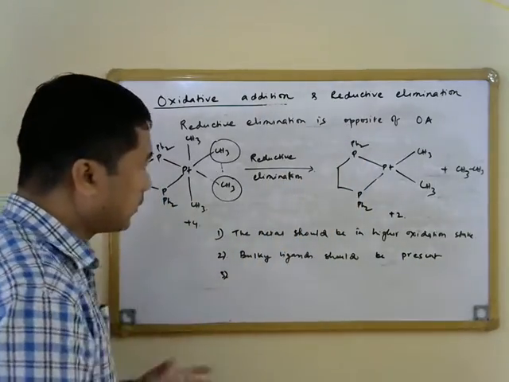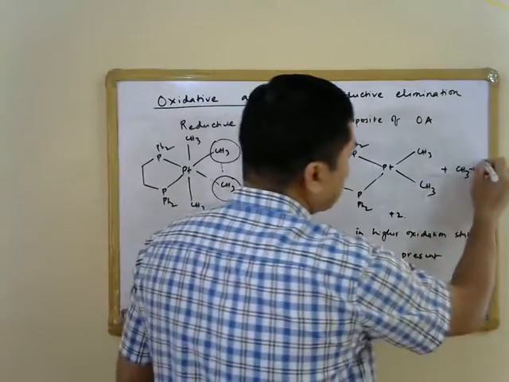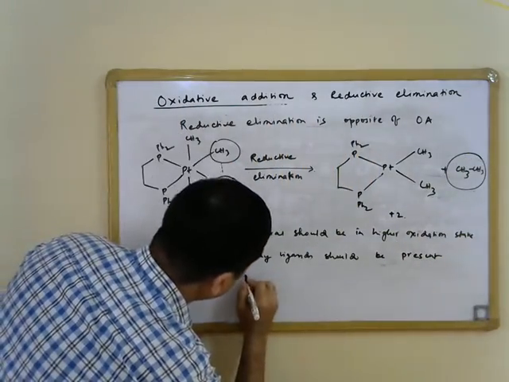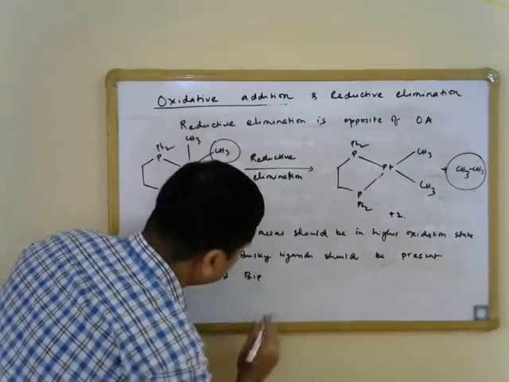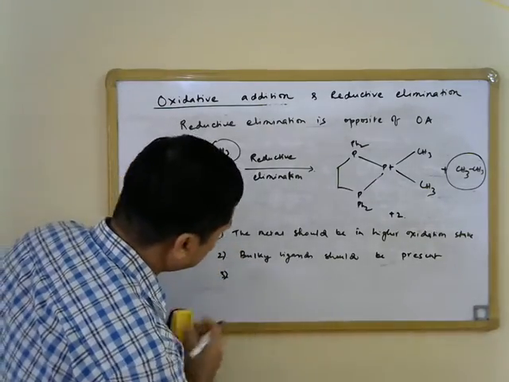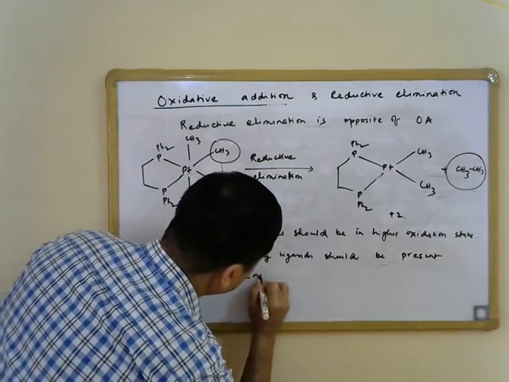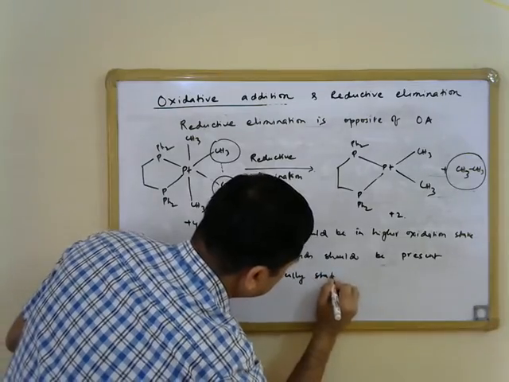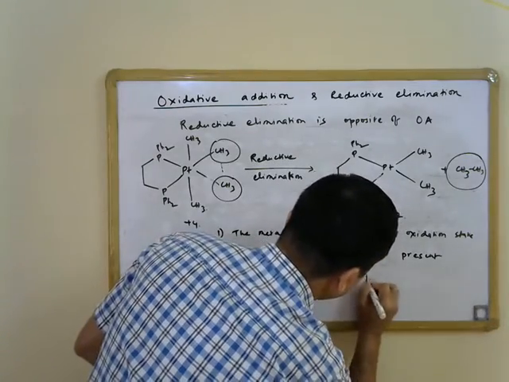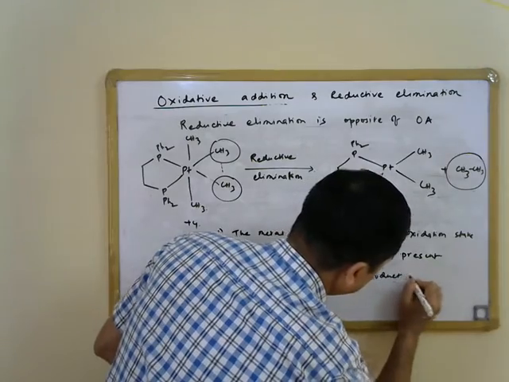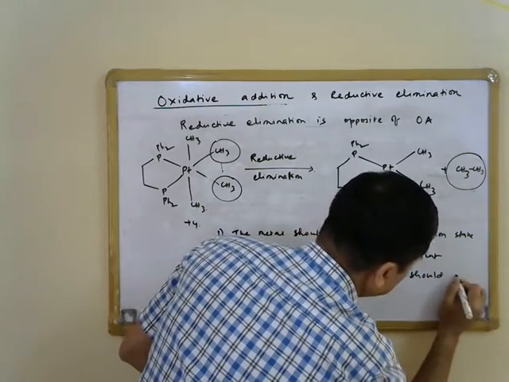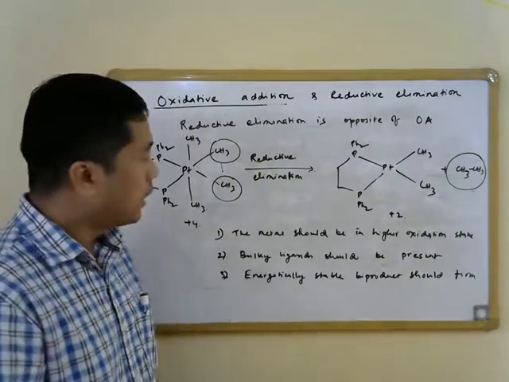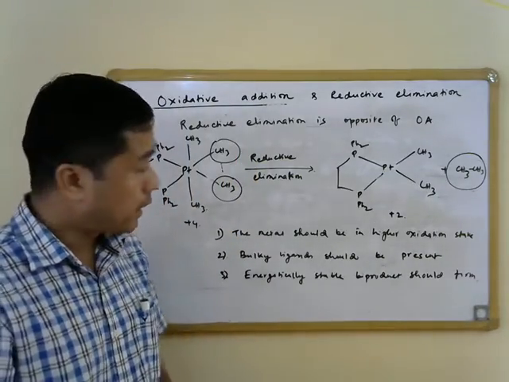And the third condition that must be met is that this byproduct should be stable. So these are the three conditions that must be met during the reductive elimination reaction.